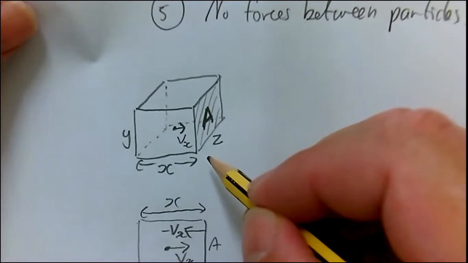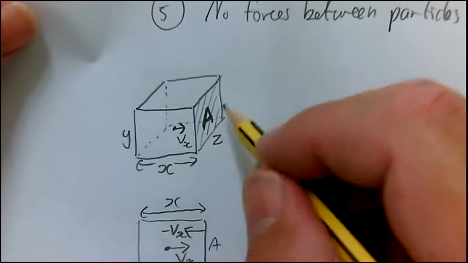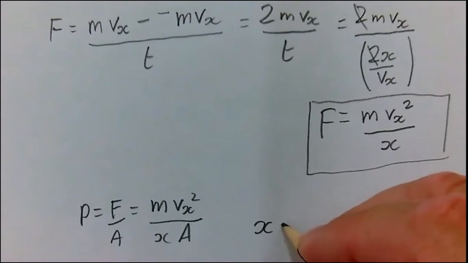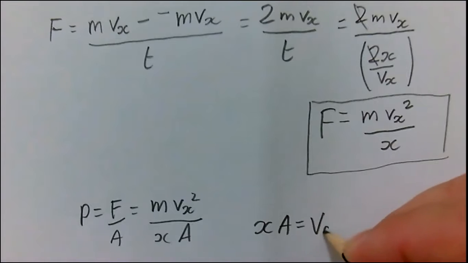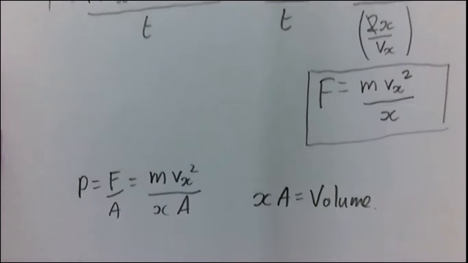That's going to give you the volume of this vessel. So we end up with x times A is equal to the volume. Pretty simple.